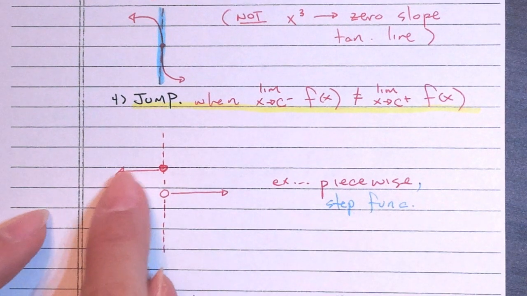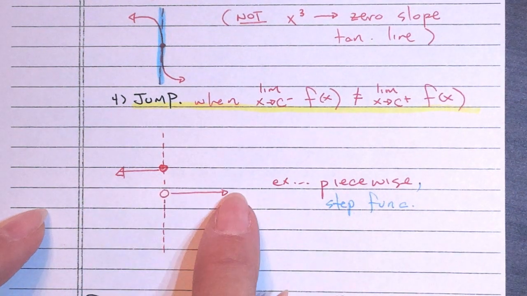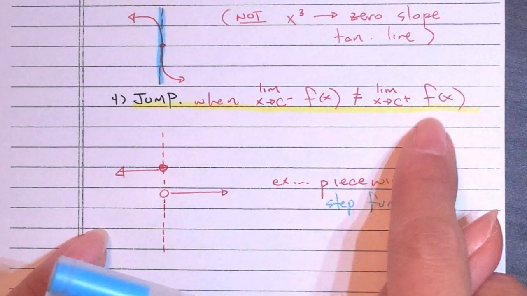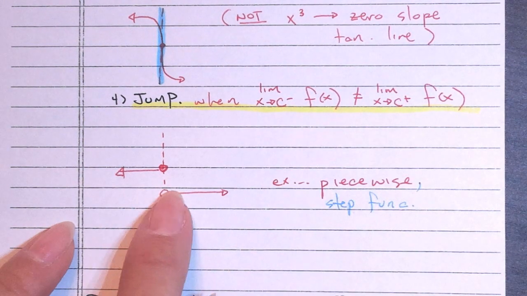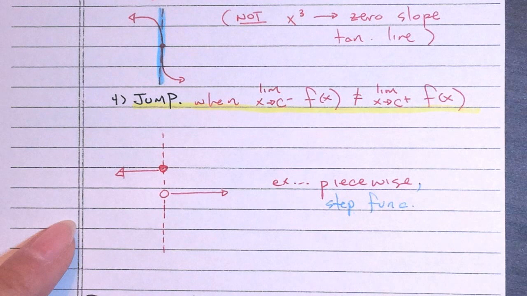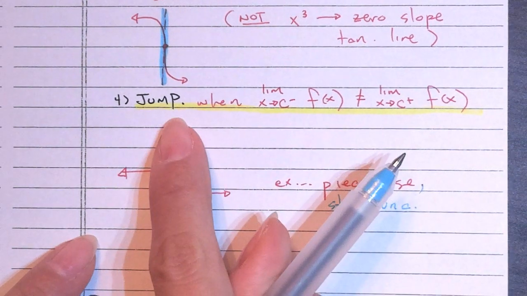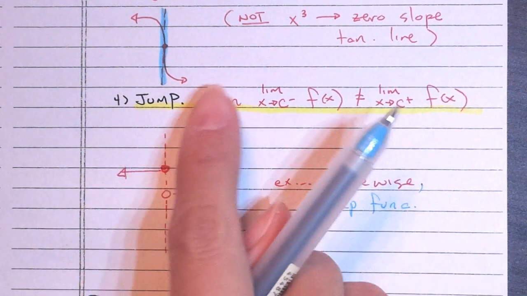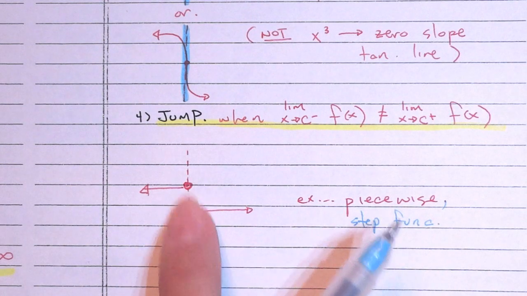So it looks like the slope is 0 and then the slope is 0 on the right side. But if the limits are not the same, if the y values are not the same, then obviously it's going to be a jump. So we can't have a slope right in the middle because it's not the same point, okay?